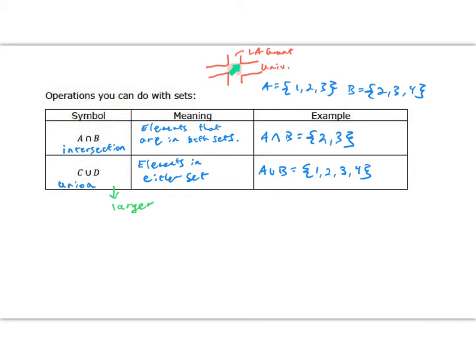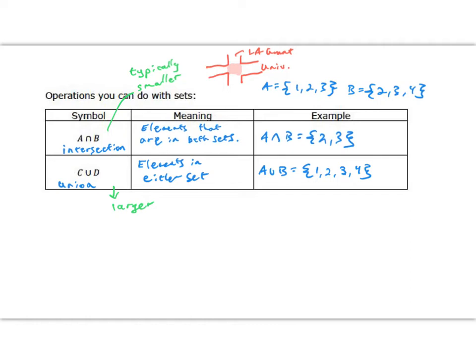But if I just want the intersection, then I want the part that's on both roads, and that would be just what's right in the middle that I've already shaded here. So by rule, I guess you could say that intersections are typically smaller. And sometimes intersections could even be empty, as far as we know. So that's something to think about.